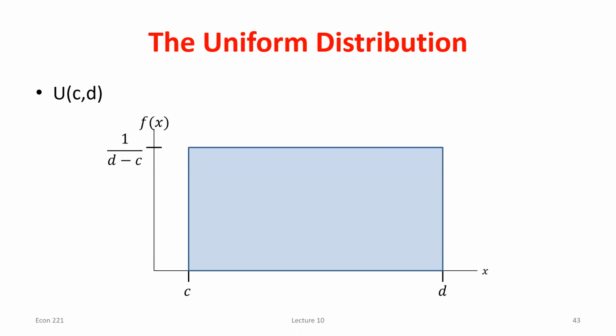If the height is just 1 over max minus min, then to find the area of this rectangle, I would take the height, 1 over max minus min, and multiply it by the width. The width is just wherever my interval ends minus where it begins. So this uniform distribution is pretty easy, especially if we draw it out and have that visual. We're just finding the area of rectangles.